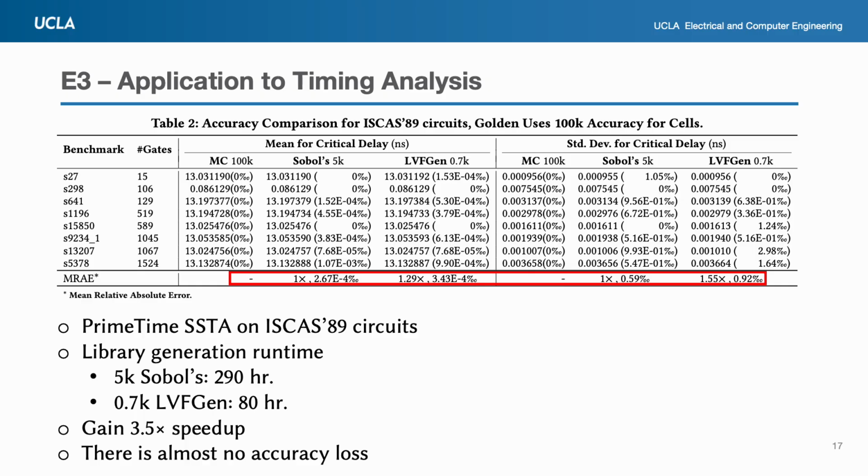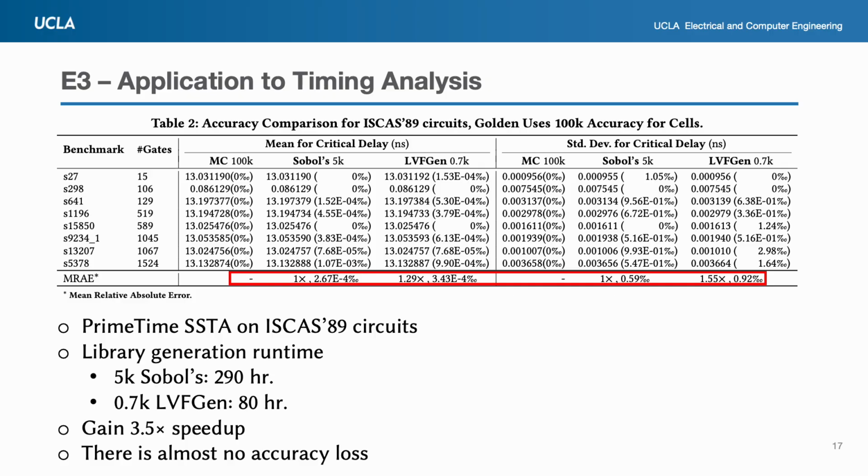In the final experiment, we validate the application to real timing analysis. We perform the PrimeTime STA task on the ISCAS 89 circuits benchmark, and the libraries are generated from the 5K Sobol's and 0.7K LVF gene, where the runtime of the Sobol's is 290 hours, while our LVF gene only uses 80 hours, which is 3.5 times speed up.